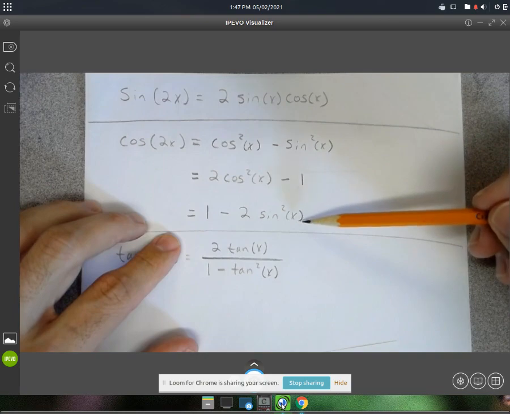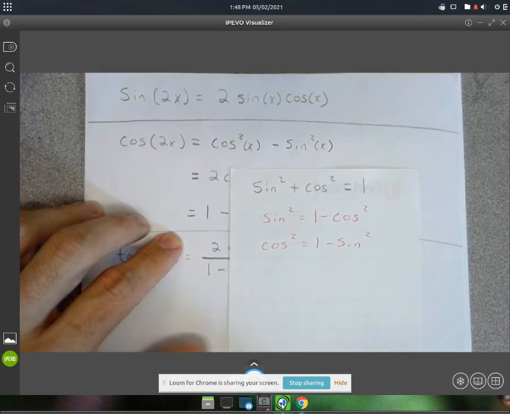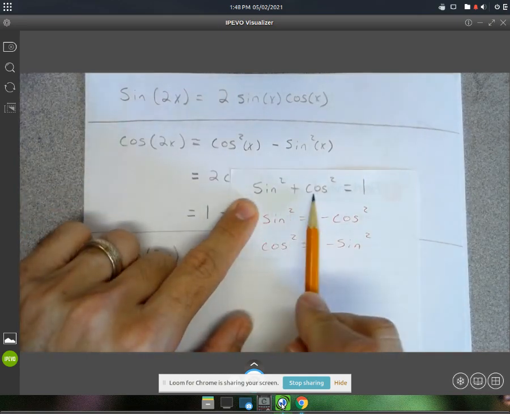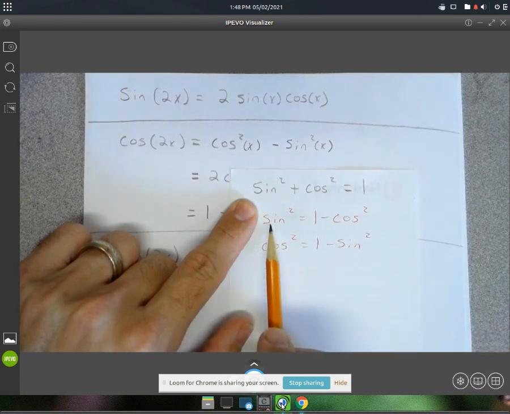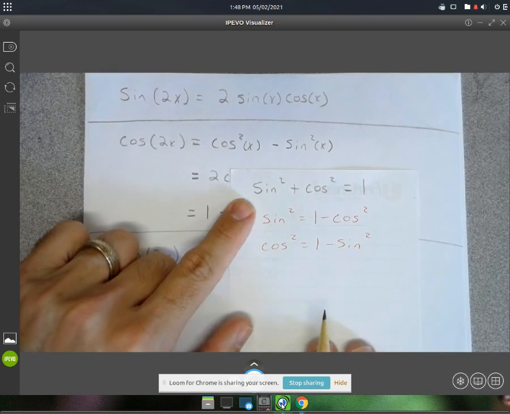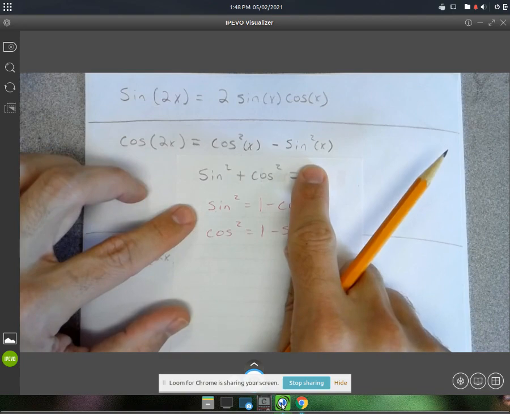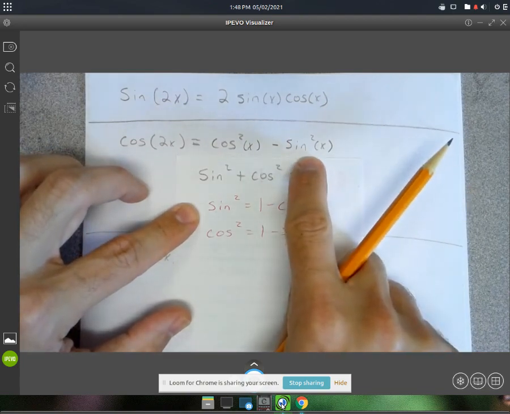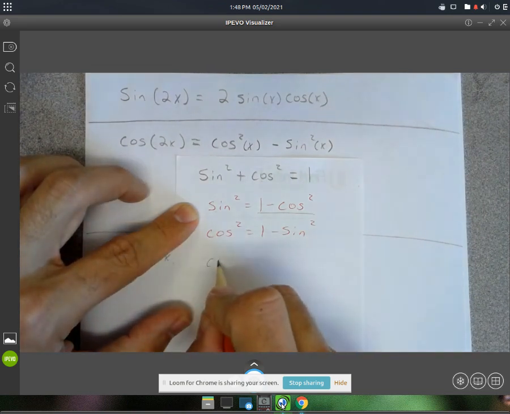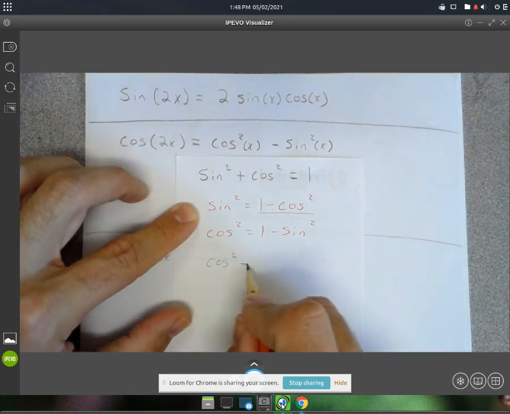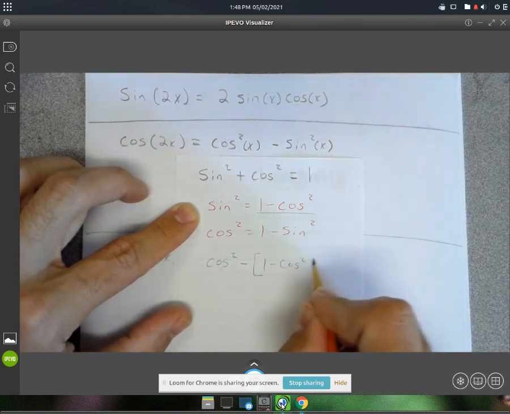These other 2 are actually going to come straight from the Pythagorean identity. Remember, on the Pythagorean identity, we can move the cosine squared over to the right side, and so we could say sine squared is equal to 1 minus cosine squared. Well, if you take cosine squared minus sine squared and replace the sine squared part, you're going to get cosine squared minus, and then instead of a sine squared, we'll put 1 minus cosine squared.